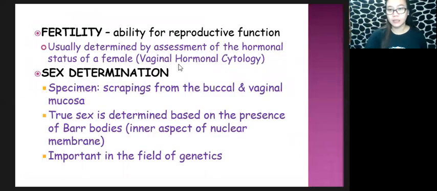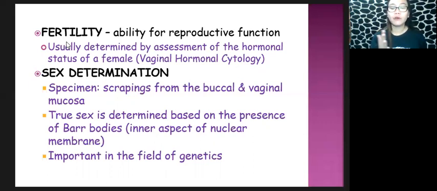Another important application of your exfoliative cytology is in determining the hormonal status of a female. Just like what I have emphasized a while back, exfoliative cytology is more on female fertility. You would also encounter assessment of male fertility during your clinical microscopy subject, probably next semester.